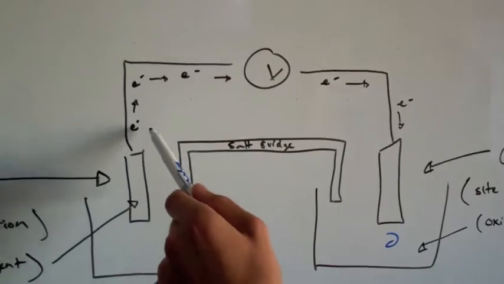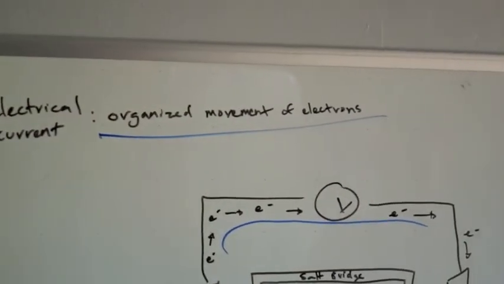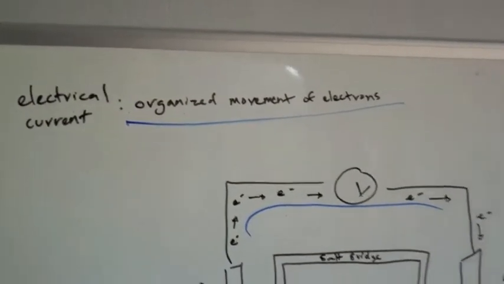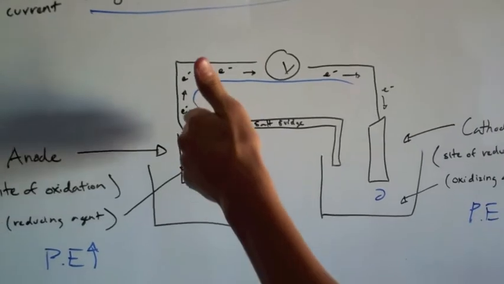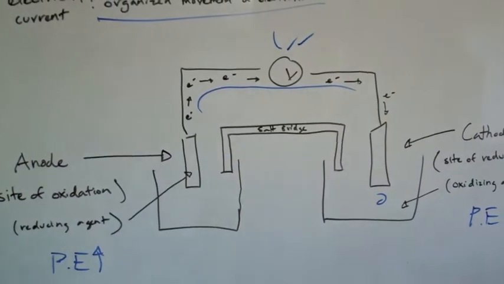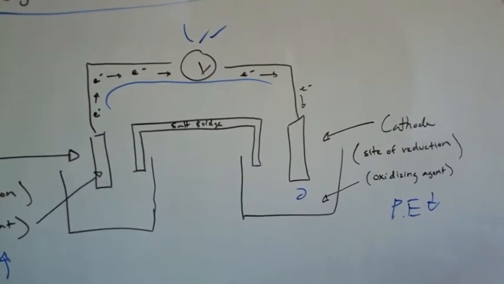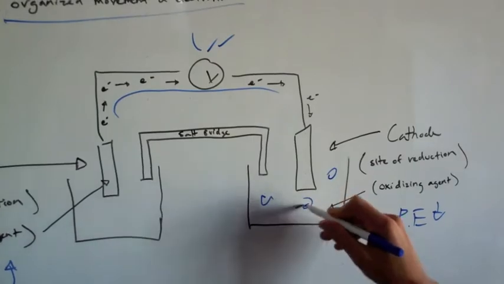And this movement of electrons right here is called electrical current, which is the organized movement of electrons. So that's basically what's happening here: these electrons are moving through here, they're creating like a little light bulb or whatever, and then they're coming down here and they're going to bond with the oxidizing agent, which is like the solution, like all around here.